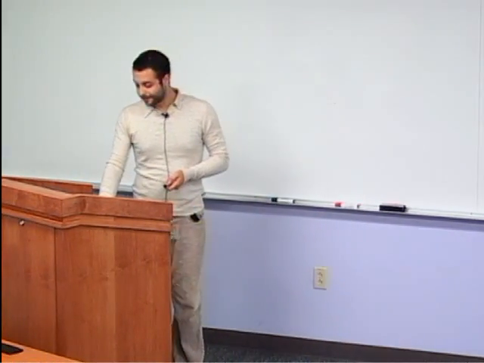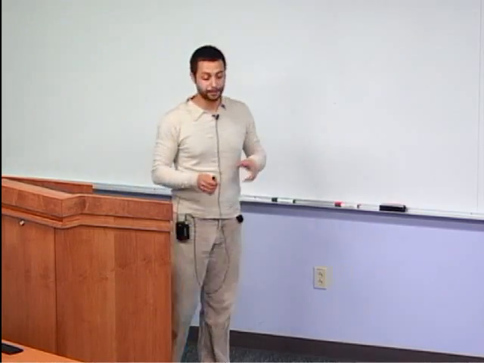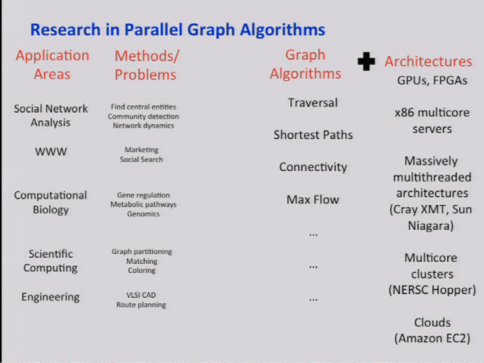Okay, really, the research in parallel graph algorithms essentially is a very complicated table like this. You have a lot of applications, some of which I've talked about. You have a lot of methods to solve them. Really, it's not supposed to be read, but these are different graph methods. And then there are algorithms that you use to build those methods.